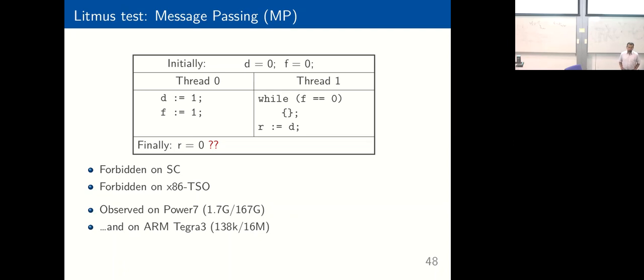So if the reads are in order but in different locations, or I thought that you said that all three happen, so that reads could happen out of order there, but reads to the same location will happen in order. Is that it? Yes. So both stores to the location and loads from a location will happen in order. Because otherwise, you could observe coherence violations, and hardware folk don't like that. Okay.